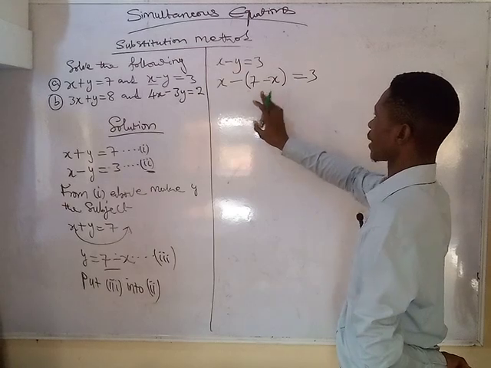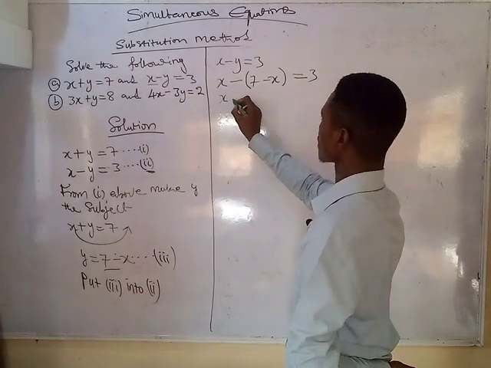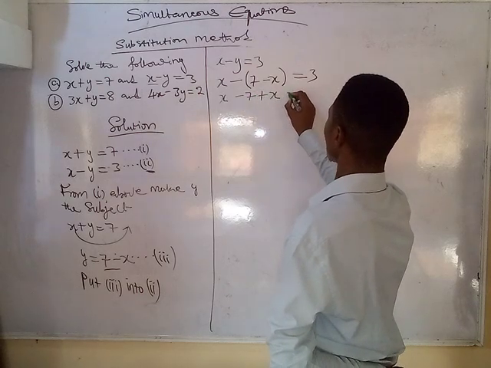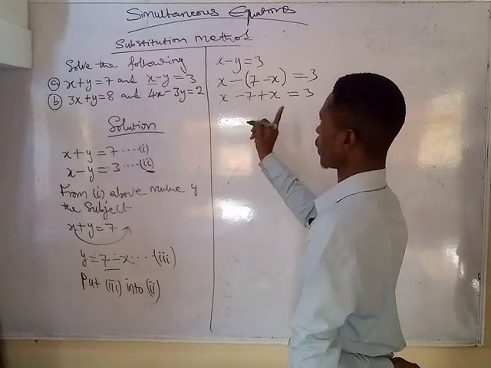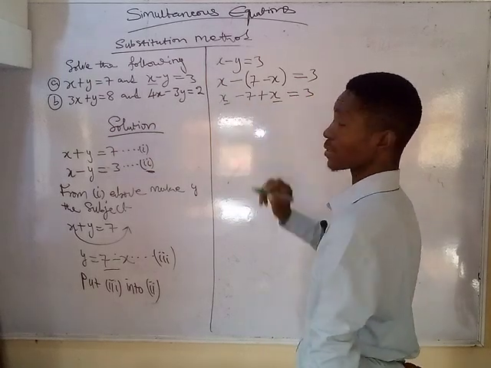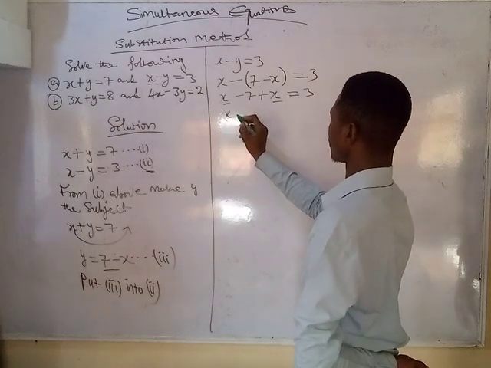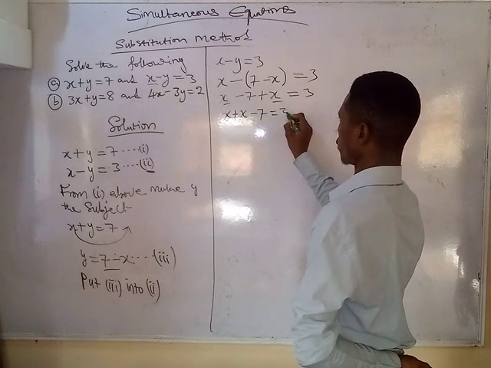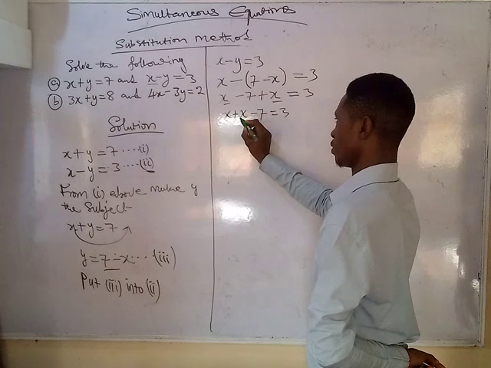So we expand the bracket with this minus outside. So this becomes x minus 7 plus x is equal to 3. So we collect like terms, this and this. So this becomes x plus x minus 7 is equal to 3. The coefficient of x here is 1, the coefficient of x here is 1.